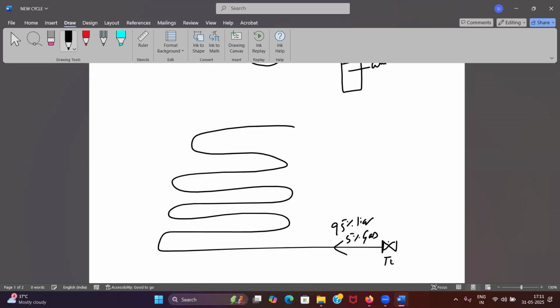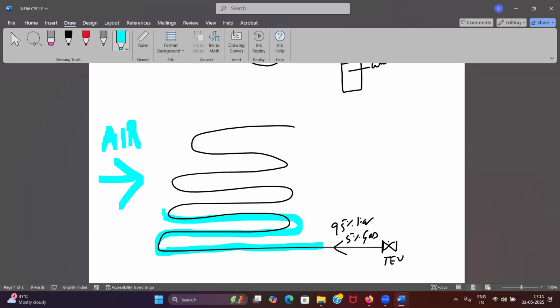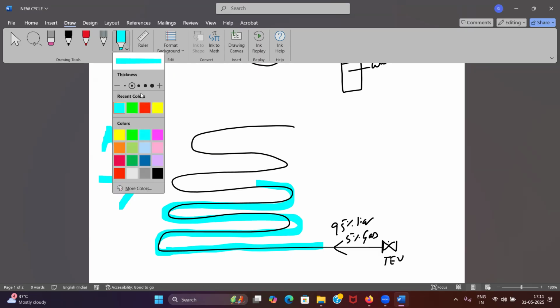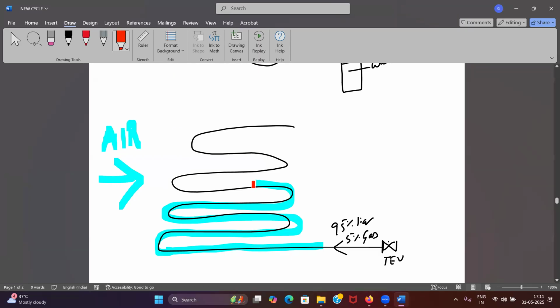Now this 95% liquid will go and flow over this surface, and the air flow is happening here because of the fan. So this 95% liquid will be converted here itself. After that, whatever remaining coil is there, at this state my state has become 100% vapors in the evaporator coil.